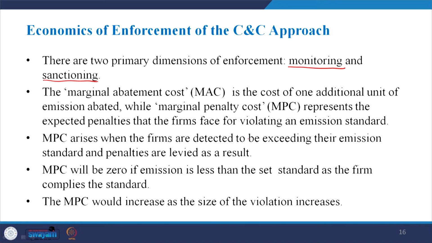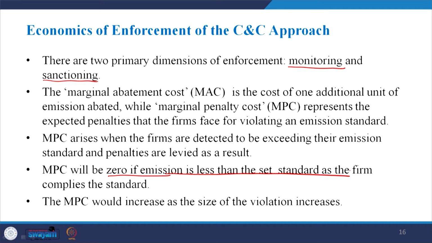Marginal penalty cost will be 0 if emission is less than the set standard. So, if we set a particular standard, and if the standard is met, then there is no need to spend money or there would be no need to give the penalty.